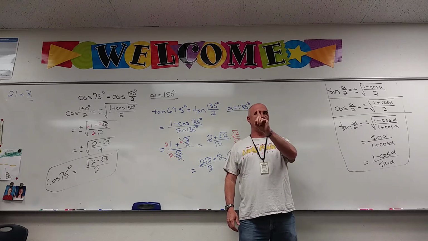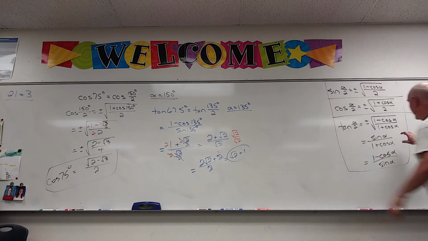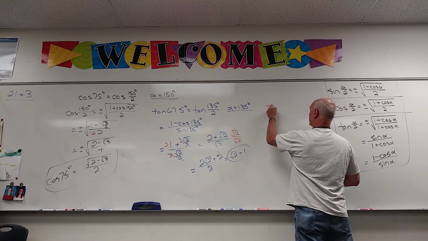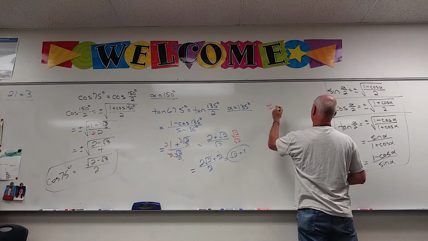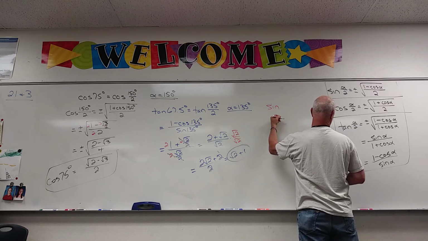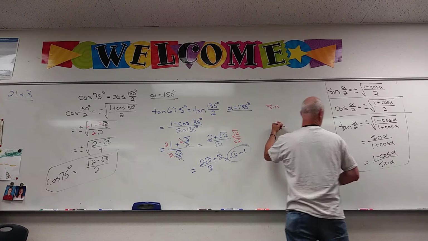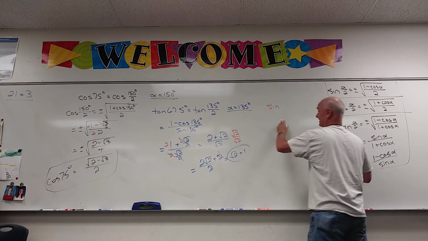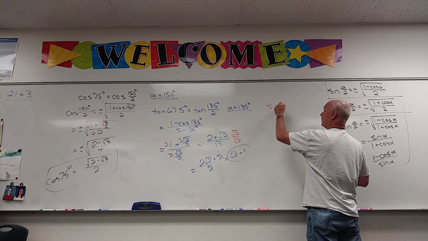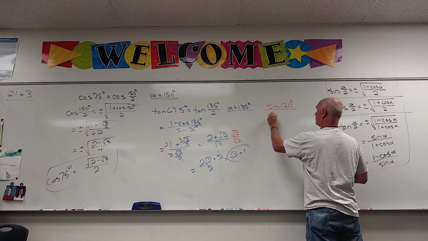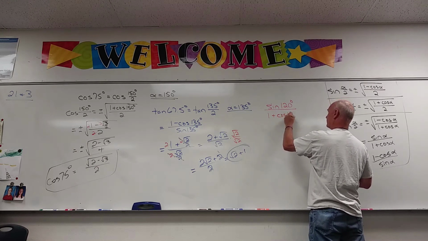Now, that being said, I might give you something like this, like the other problems that you see. I might say something like, what is the sine of 120 degrees over 1 plus the cosine of 120 degrees?